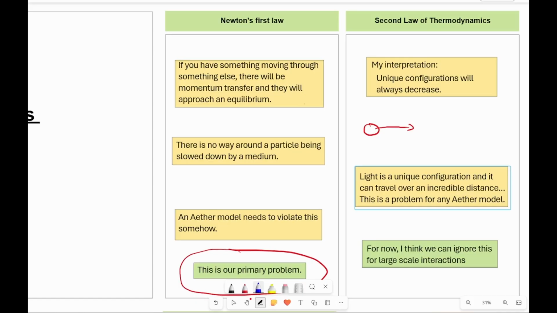What that really looks like is if you have one particle going really fast and it hits a cold particle, 99.99% of the time that's going to be a glancing blow. And a glancing blow is a non-perfect interaction between two particles. So instead of one particle with a lot of energy, now you have two particles with less energy.